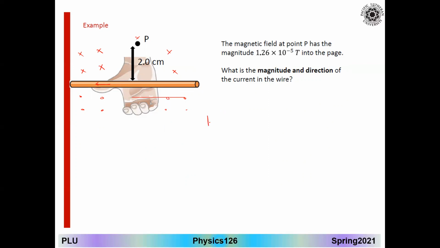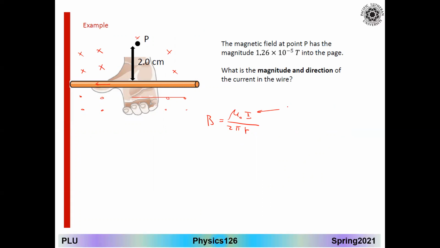I will type my formula: B equals, sorry, I have to delete this. Just make sure: B equals mu 0 times I divided by 2 pi multiplied by R. Where is the I?